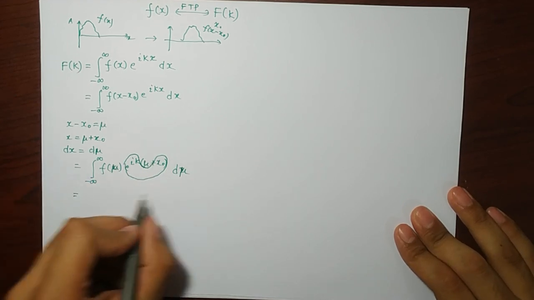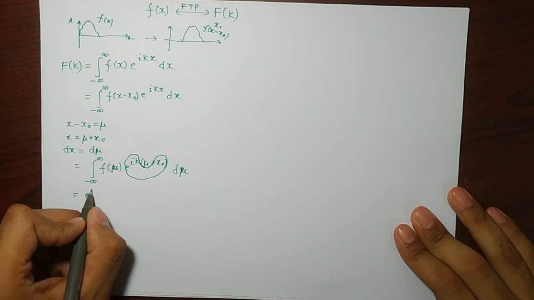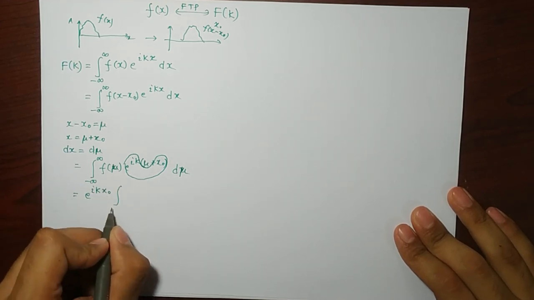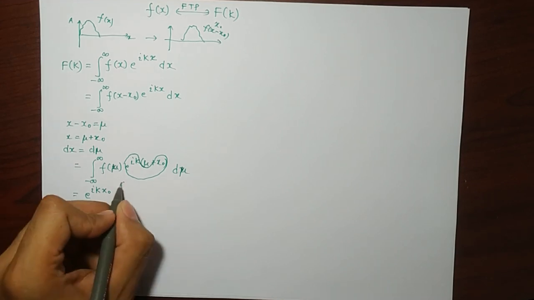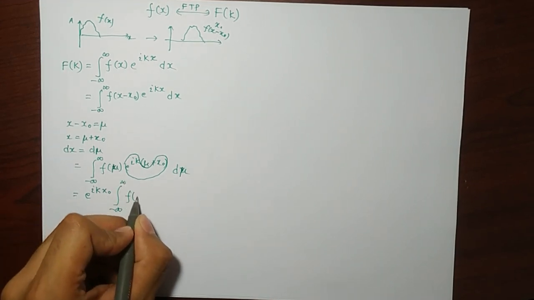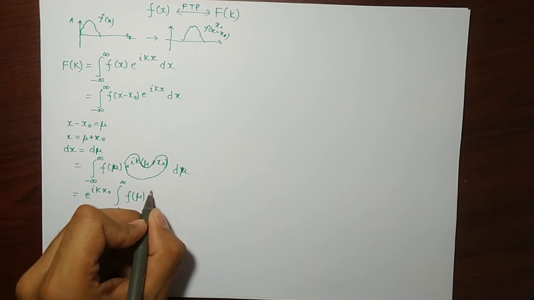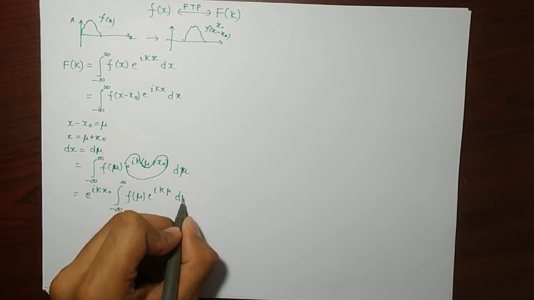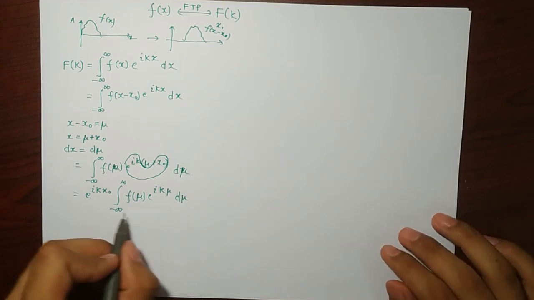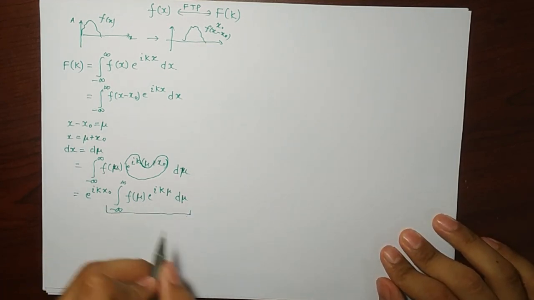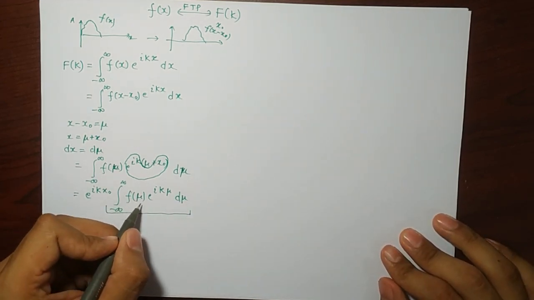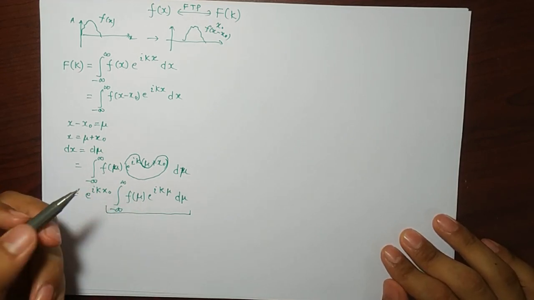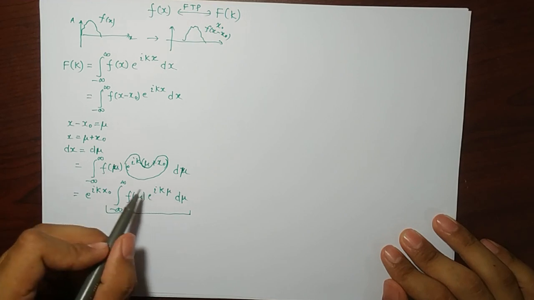So this would be e to the power i k x naught times the integral of f of mu e to the power i k mu d mu. You can see that this is basically the Fourier transform of f of mu. Mu is a dummy variable here, so I can replace it with x, and I know that this is the Fourier transform.